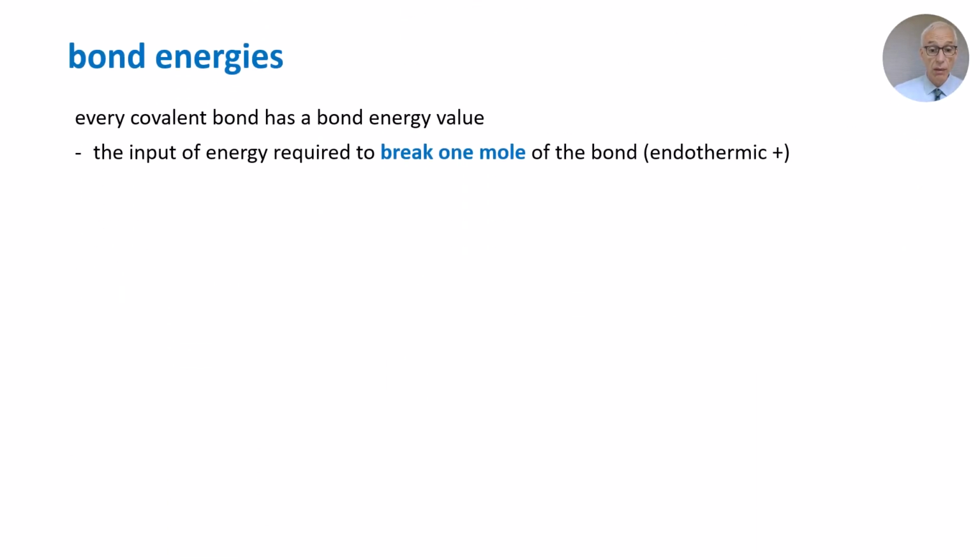What are bond energies? Well, every covalent bond has a bond energy value, and the idea is it's the input of energy required to break 1 mole of the bond. And as we're putting energy in, it's an endothermic change, and we give any bond energy values for breaking a positive sign.